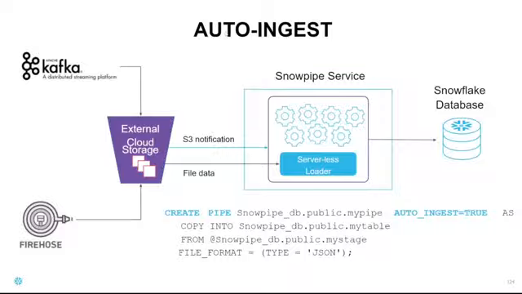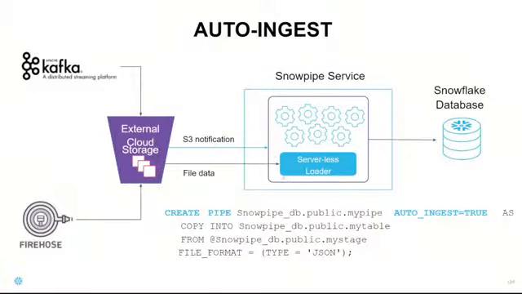But if you want to do a continuous ingestion, you have to use the option of auto ingest. Auto ingest is going to help you load the data from different streaming platforms such as Kafka or Kinesis Data Firehose. If you have data coming from these and landing into your external cloud storage such as S3 in AWS, then S3 is going to send a notification whenever a new file comes into this particular cloud storage, right?